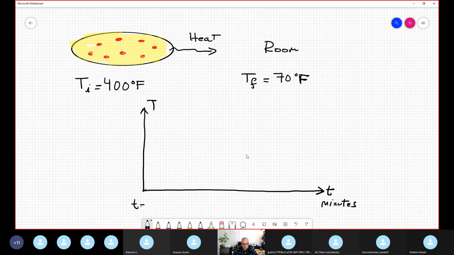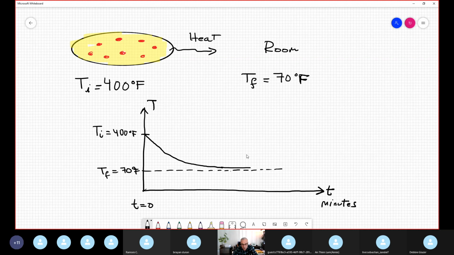At t equals 0 is initial, and the initial is 400 Fahrenheit degrees. And it's decreasing. But not decreasing to the decay that approaches 0. No, no, no, no. Decreasing until it gets the final temperature, that is 70 Fahrenheit degrees. Look.